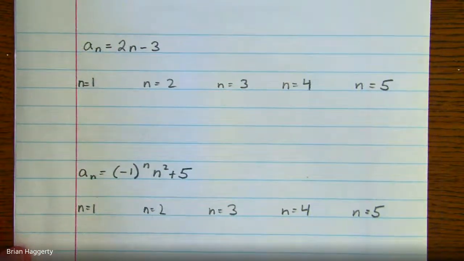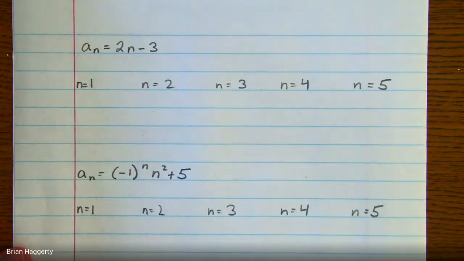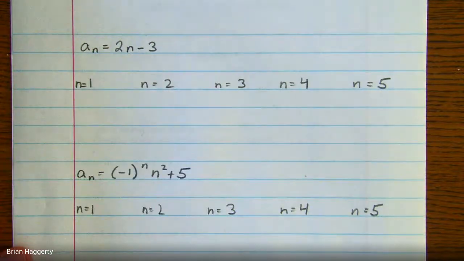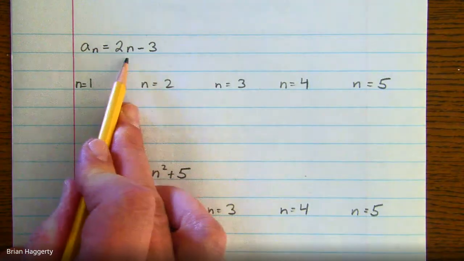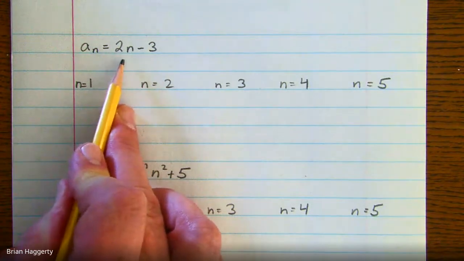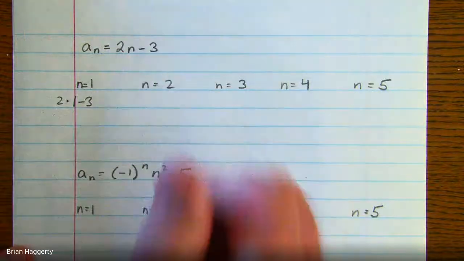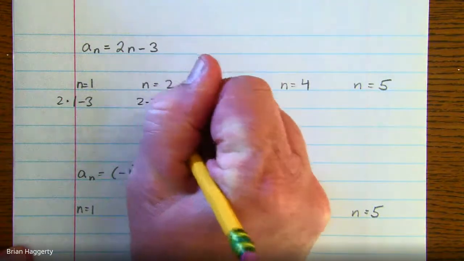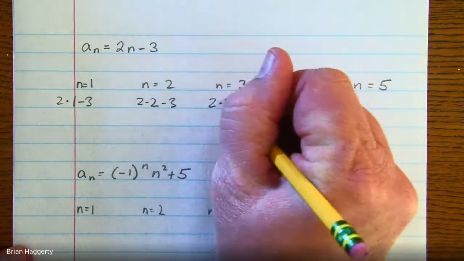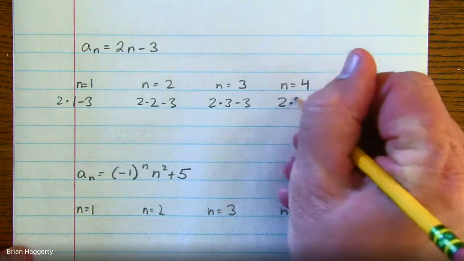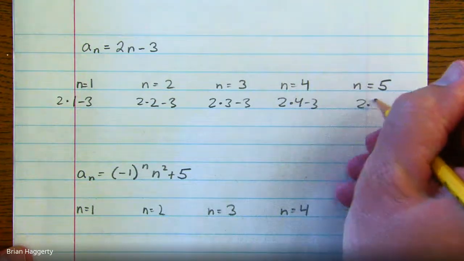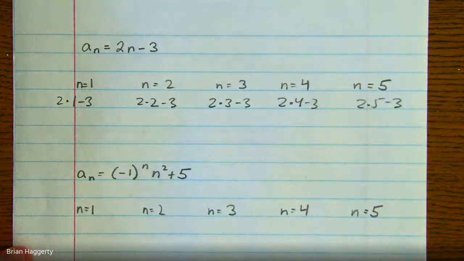So our formula that's defining this sequence is a sub n equals 2n minus 3. n stands for the number of the term. Unless you're told otherwise, you assume you start with 1. So you're going to plug a 1 in, plug a 2 in, plug a 3 in, plug a 4 in, plug a 5 in, do your order of operations, and that defines our first sequence here.